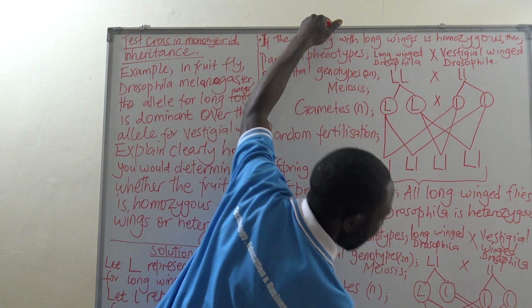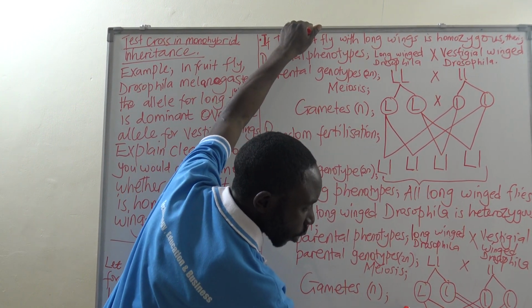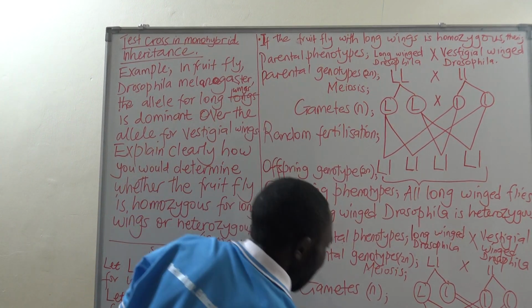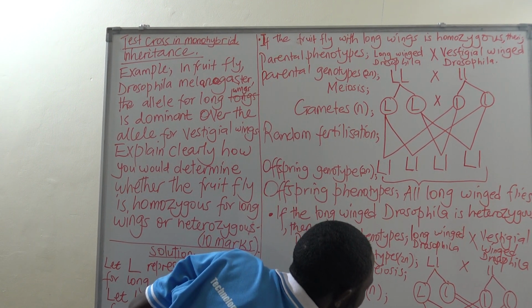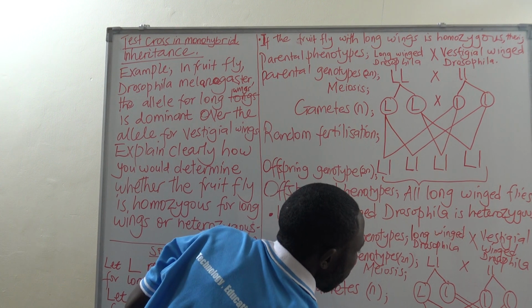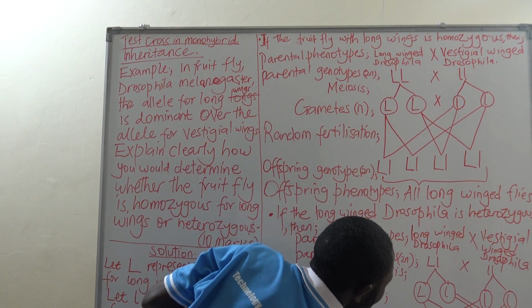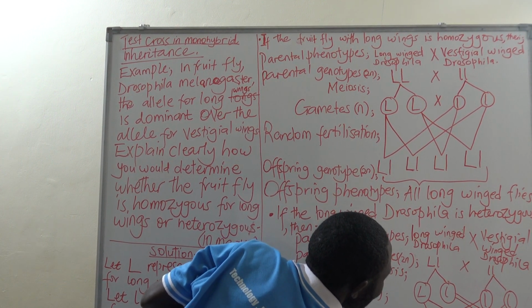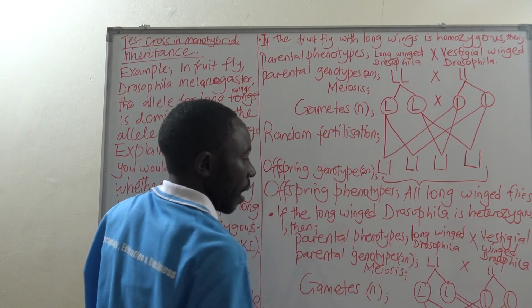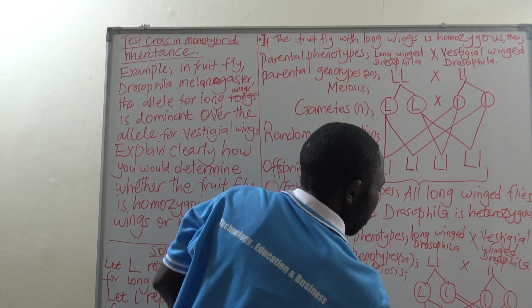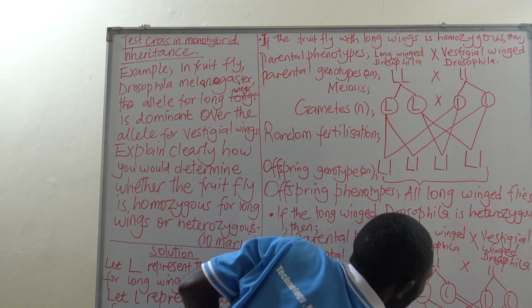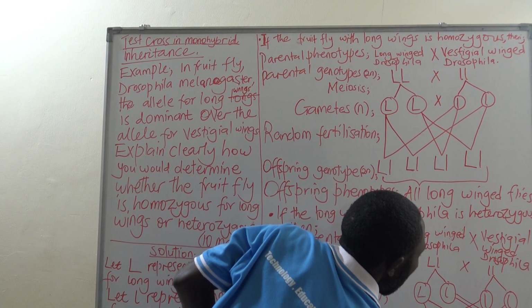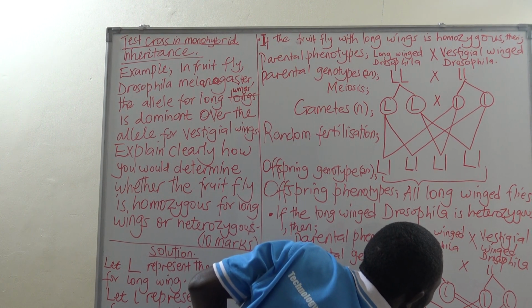I have made them. Now this cross here will give us a genotype with a dominant gene and a recessive gene. This one also will give us capital L and small l. This genotype will bear recessive alleles, so small l, small l.